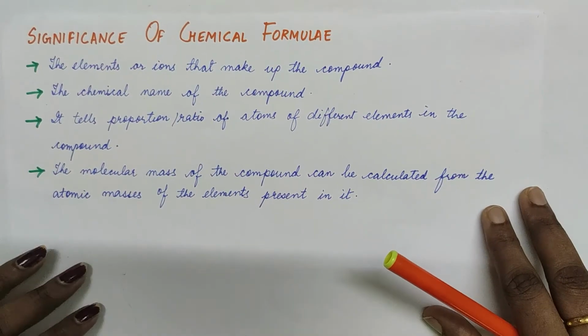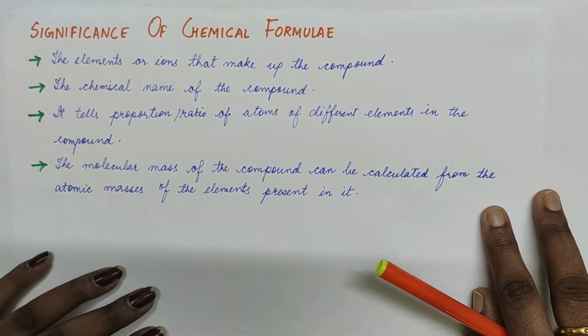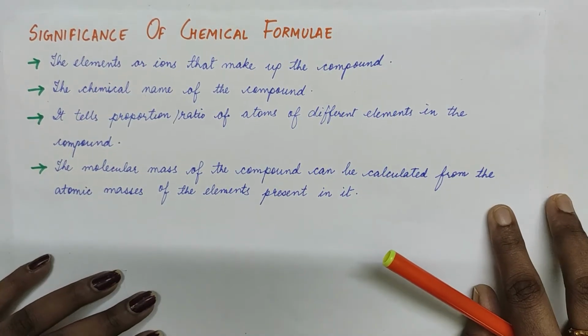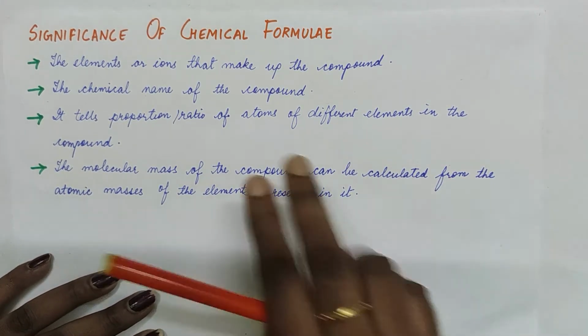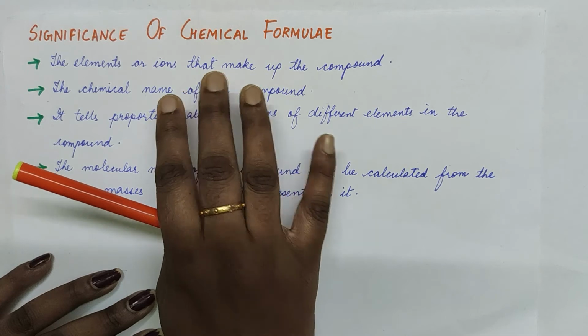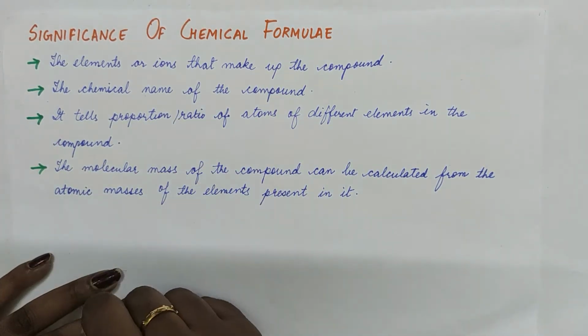Before we go to understand what chemical equations are, let us just recap what we should know about chemical formula, that is, the importance or significance of a chemical formula. You can see the elements or ions that make up the compound, we come to know about them with the help of a chemical formula.